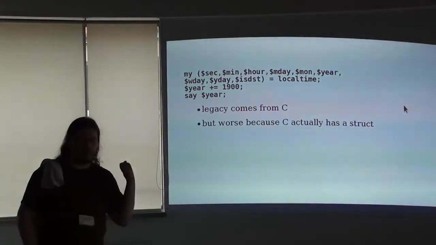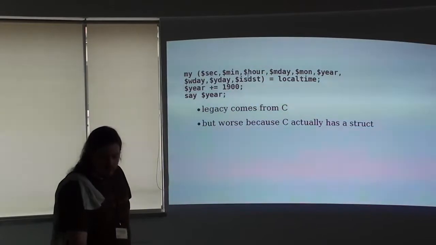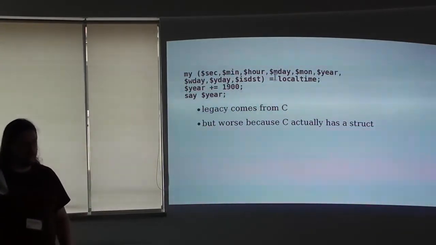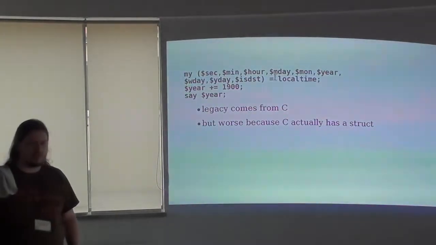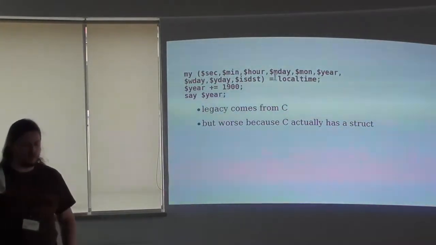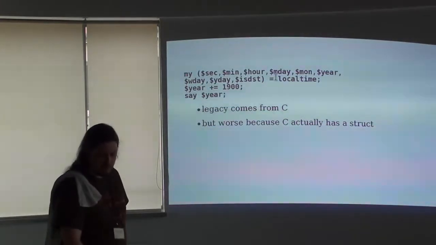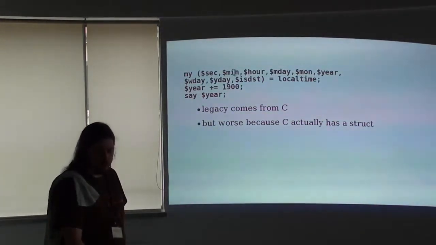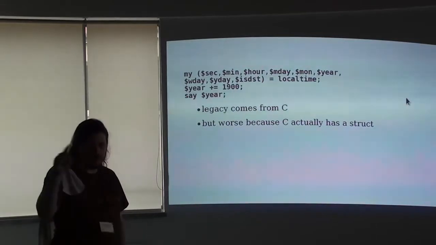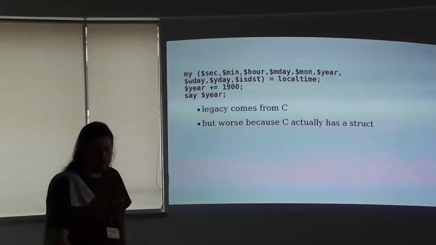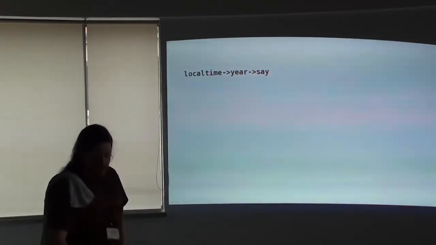Actually, this one interface where localtime returns an array of lots of stuff is even worse than what C has, because C allows you to call it by name with a struct. So this goes away, and instead of localtime, you get an object, and you can call all these things with accessors, and don't need to remember the exact position or look it up every time in the documentation.